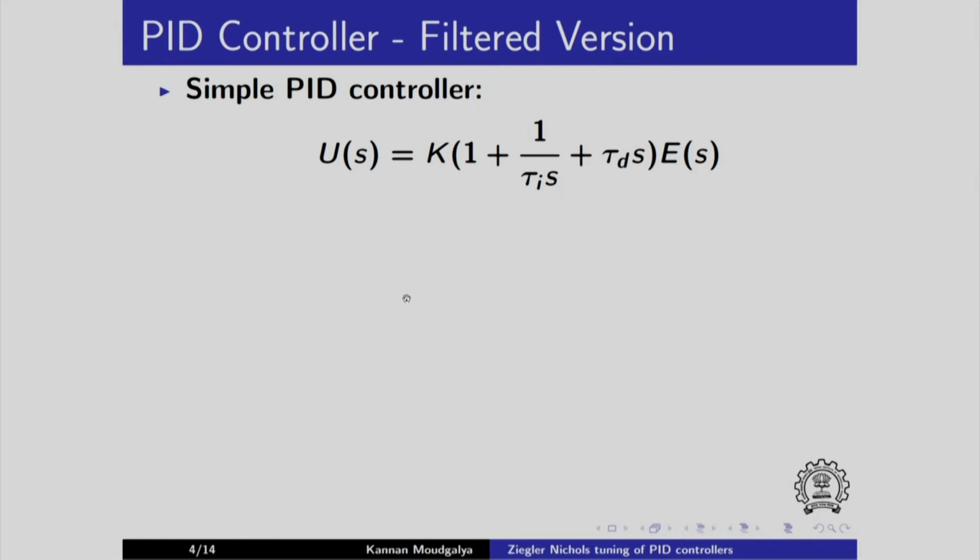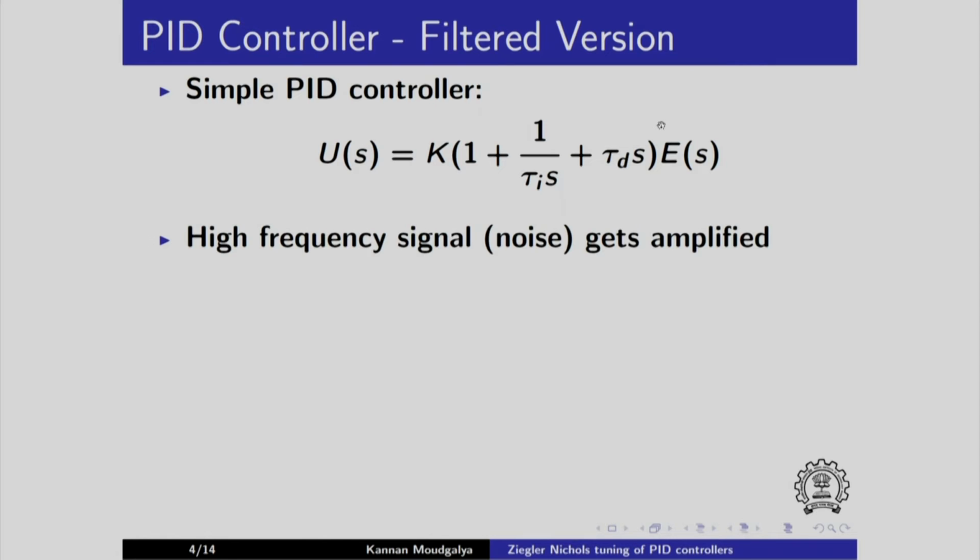In addition to this standard version, there are many modifications in a PID control law. The first one is to have a filtering action. That is because high frequency signal gets amplified because of this direct multiplication of s by tau d.